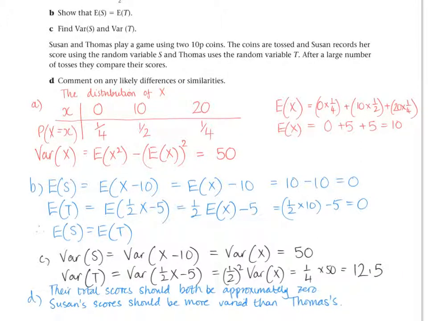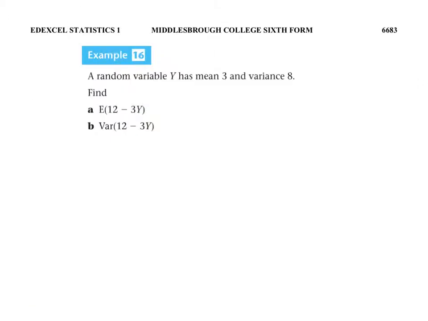Okay, last example, and just making sure that you know how to manipulate the formula here. On the first one, the random variable Y has a mean of 3 and a variance of 8. How do we work that out? Okay, for the first part then, A, E of 12 minus 3Y.